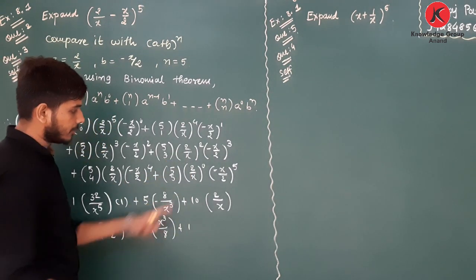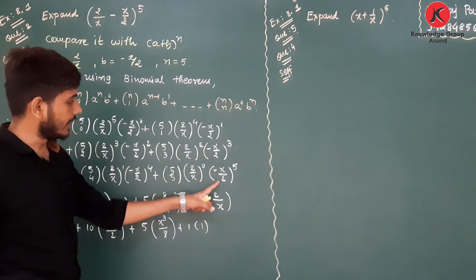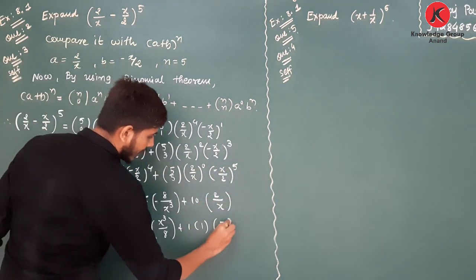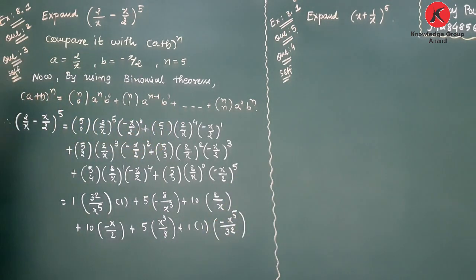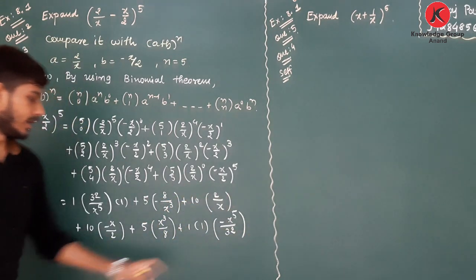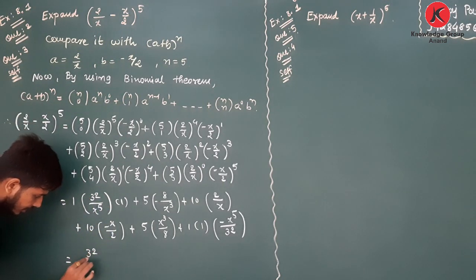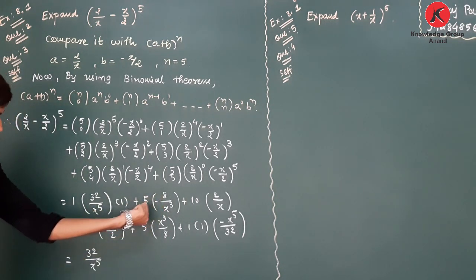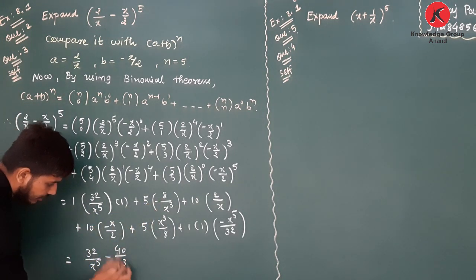Plus 5C5, which is equal to 1, (2 by x) raised to 0, which is also 1, (minus x by 2) raised to 5, so minus x raised to 5 divided by 2 raised to 5, 32 here. Now simplify these terms, we get 1 into 32 by x raised to 5 into 1, therefore 32 by x raised to 5. This will become minus 8 5s are 40, 40 divided by x cube.